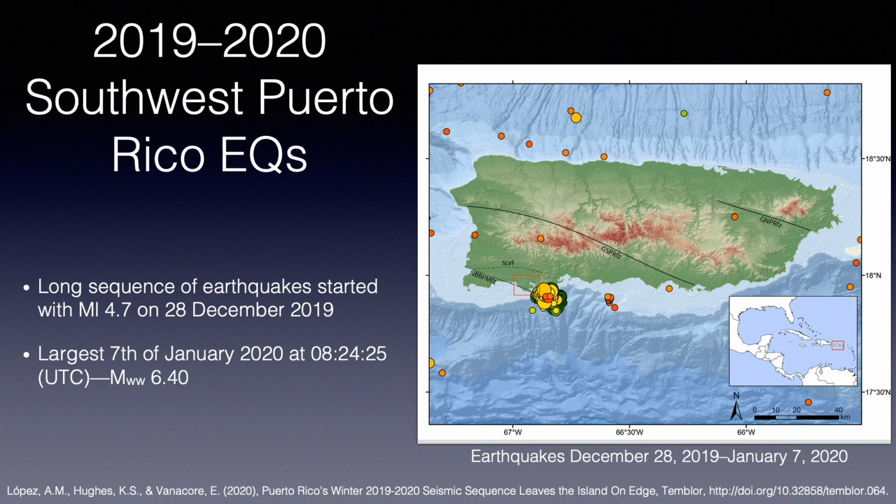This earthquake sequence started on the 28th of December 2019 with a magnitude 4.7 earthquake, and then continued with some 5.0 and larger earthquakes until there was a magnitude 6.4 earthquake on the 7th of January in the same area, which caused a significant amount of devastation in the local area of Guayanilla and southwest Puerto Rico.